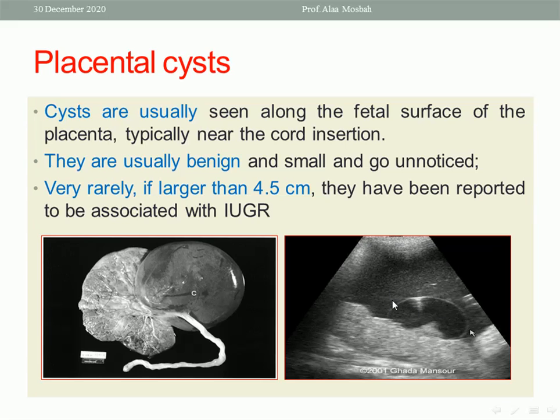Usually it is benign and not risky. Don't be afraid about it, because mostly it is benign and not causing any harm to the fetus or the mother. But rarely, if it is larger than 4.5 centimeters, some reports said that it may be associated with intrauterine growth restriction.